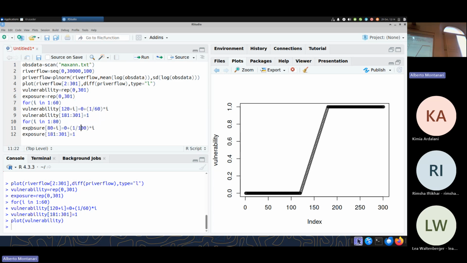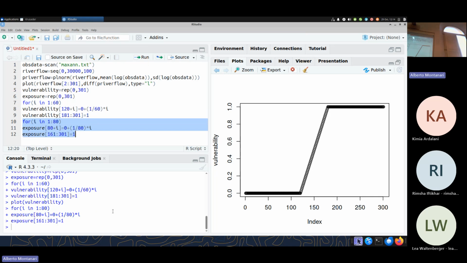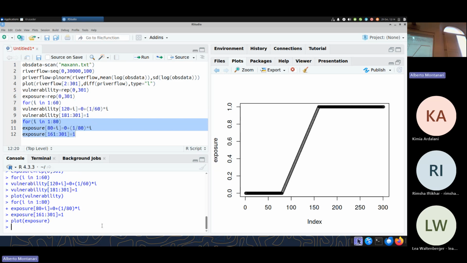So here it's 80, not 100. 161. 301. Let's see, exposure 80 plus I. Yes. Should be okay, and then we can run it, and then let's make a plot of exposure. Yeah, should be okay. Everything is clear. You can follow me. Okay, very good.